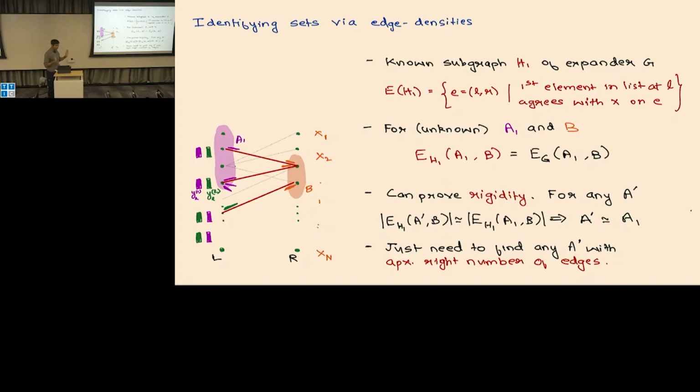It's not that complicated, simple expander mixing. So our goal is to just find some A prime which has the right density of edges between A prime and B, or almost all the edges, which is in particular the same as what A1 does. If I can find this, I approximately find A1. Approximately is good enough. A small number of errors can be fixed.